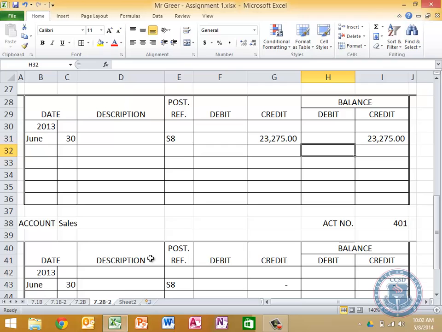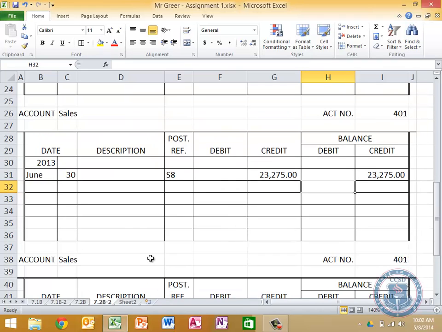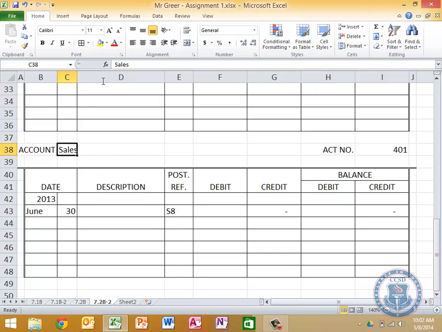Final one. We have one more account. 451. Sales, Returns, and Allowances. So I'm going to rename this account Sales, Returns, and Allowances. This is account 451 according to the book. There's no balance in it.